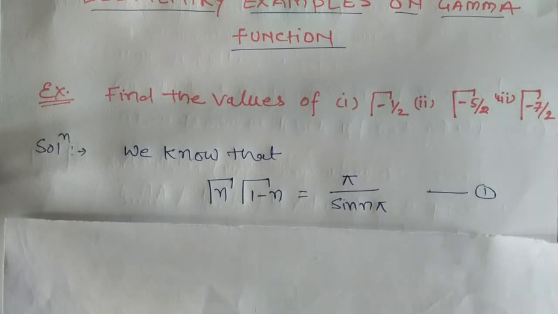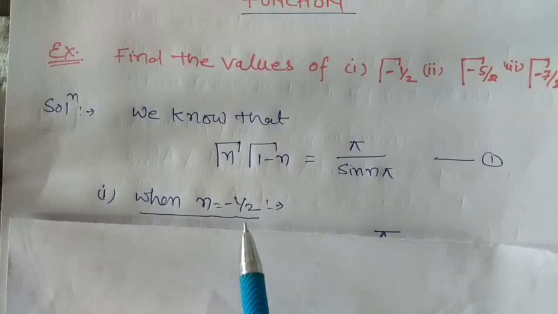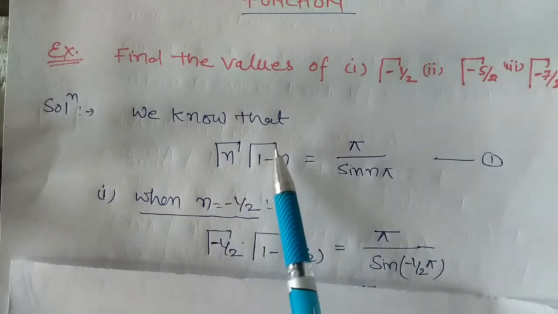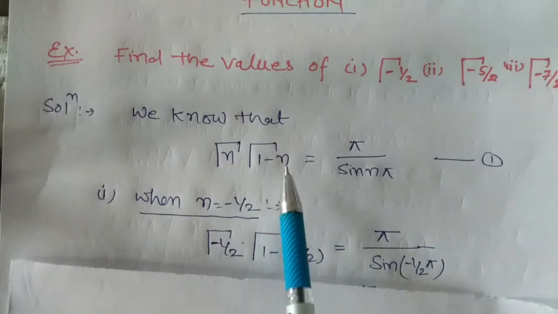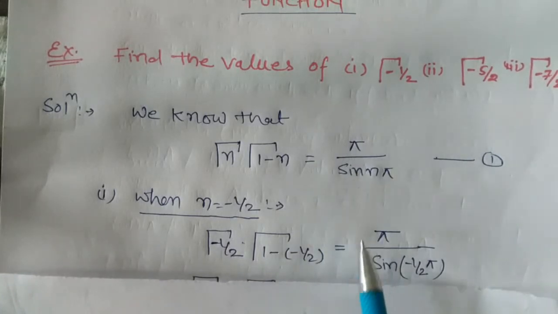So we select the value of n as minus half. So when n equals minus half, we have gamma minus half into gamma 1 minus half equal to pi upon sine minus half pi.